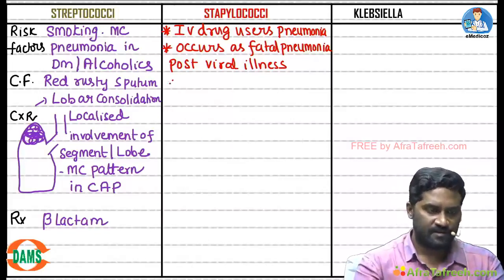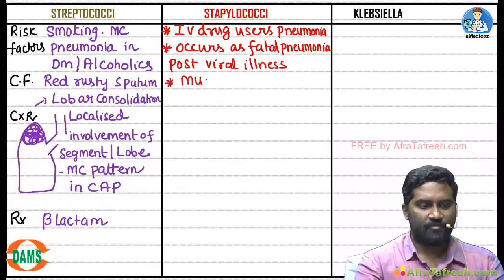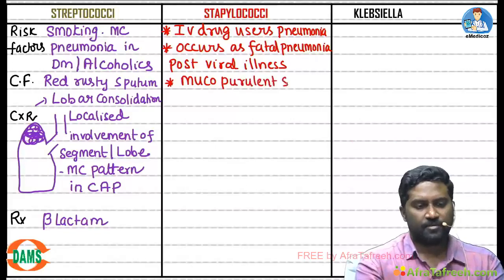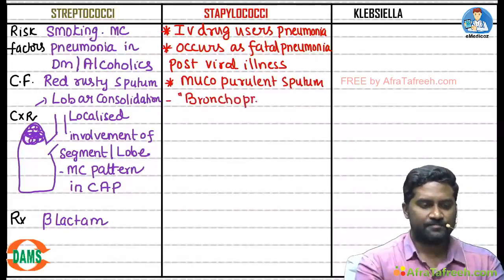Clinical features. These patients can have mucopurulent sputum. And the classical chest X-ray finding is called bronchopneumonia. What is this bronchopneumonia?